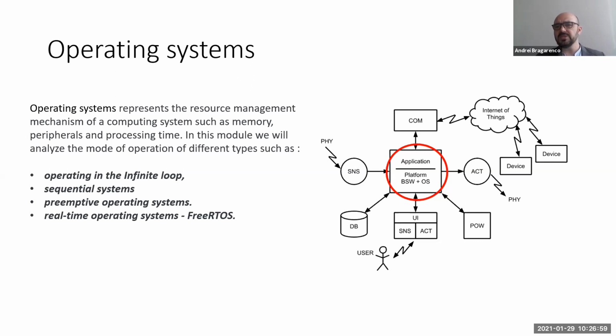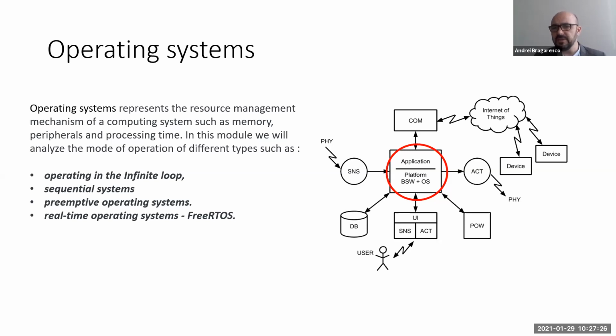So in this case, we need some operating system, and the simplest operating system is very simple: we have operation in an infinite loop. Even an infinite loop should be qualified as an operating system. Why?